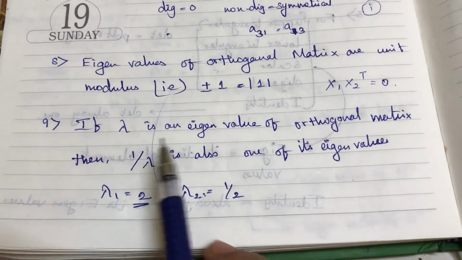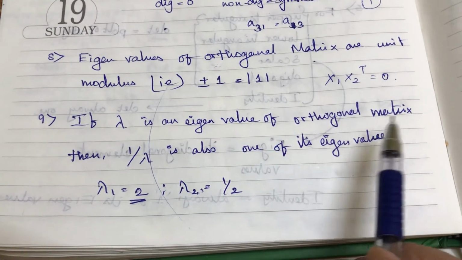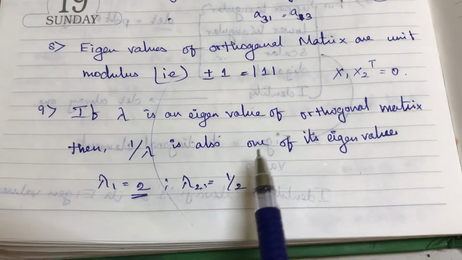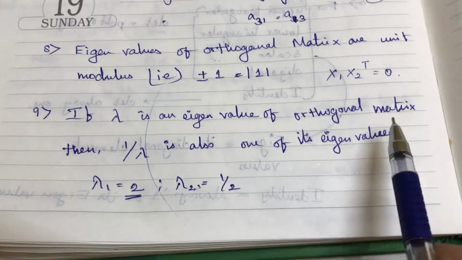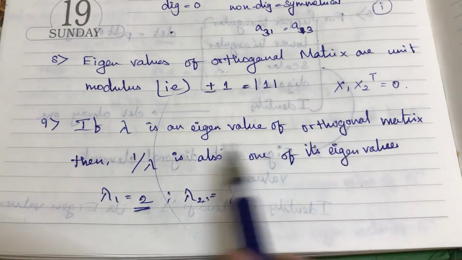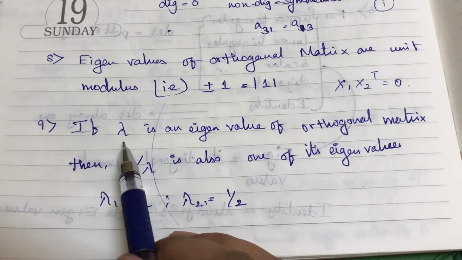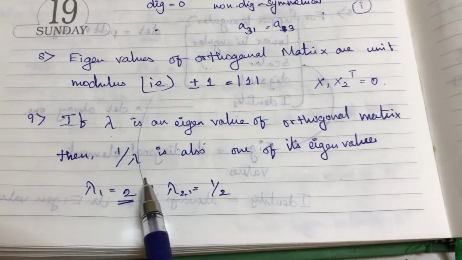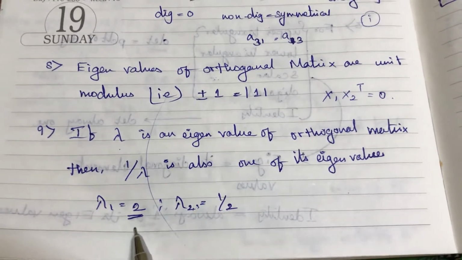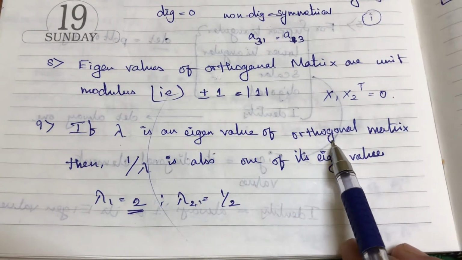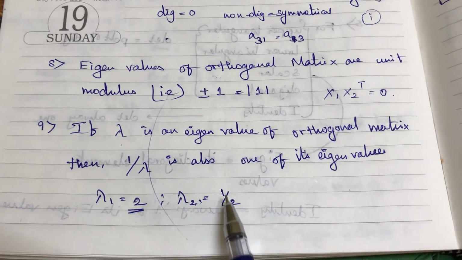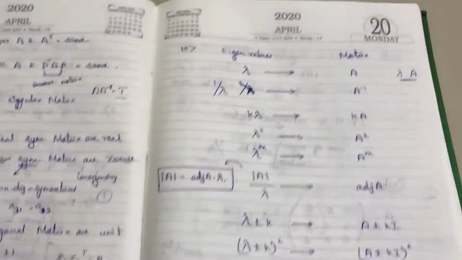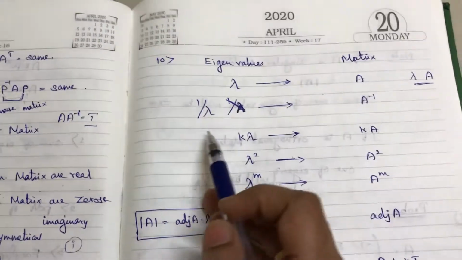If lambda is an eigenvalue of an orthogonal matrix, then 1 by lambda is also one of its eigenvalues. Like if 2 is an eigenvalue, there will be another eigenvalue 1 by 2, its inverse. This is only possible for the orthogonal matrix.